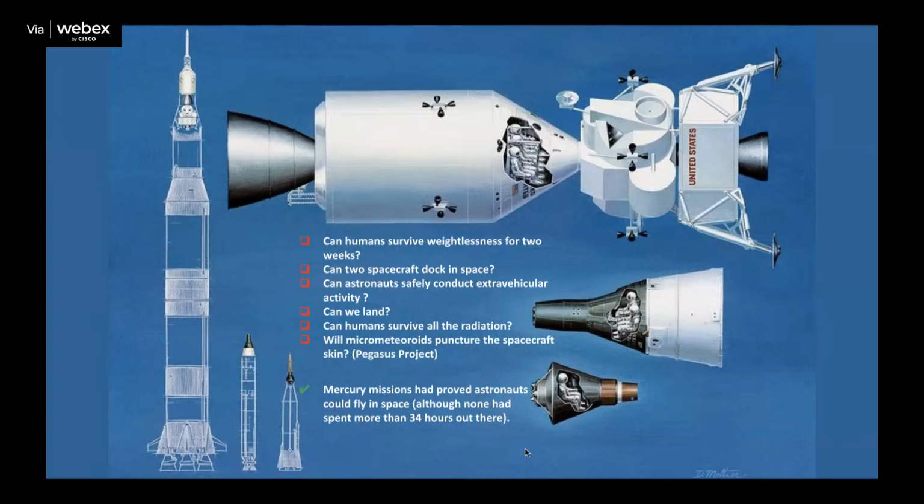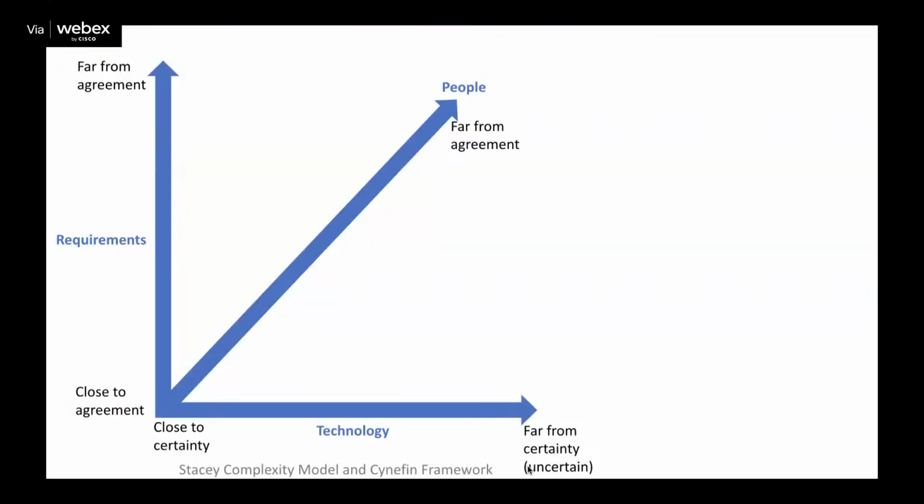So this is my inspiration for talking about complexity and the way I like to coach Agile teams. And I think that's the way Agile organizations could work. So I'm going to use a couple of different models. I'm using them a little bit inappropriately, but I'll explain why in a second. Not inappropriate, just simplifying them a little bit. The chart on the left is the basis for what's known as the Stacey complexity matrix, or the Stacey complexity model.